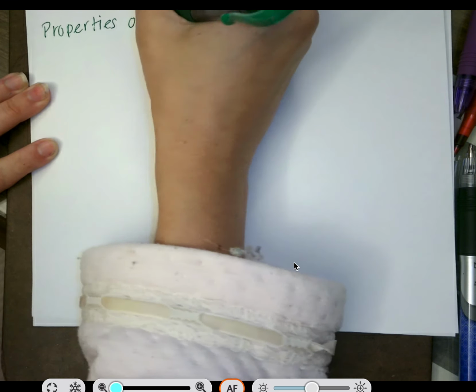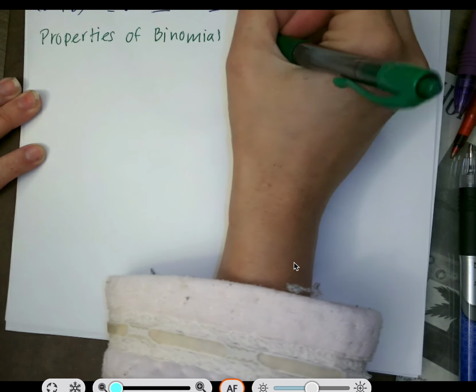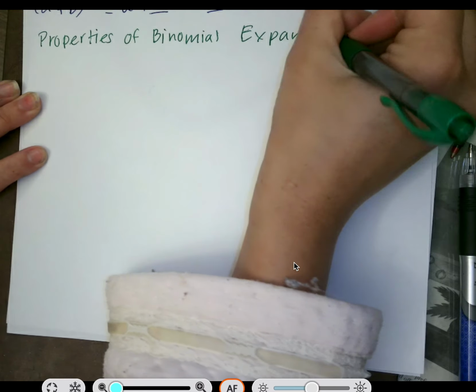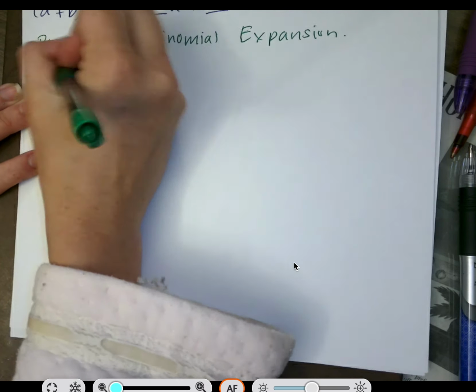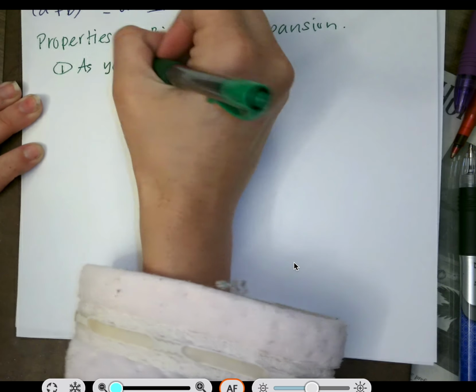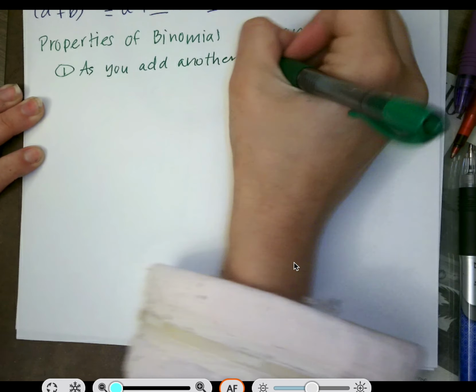All right, so if you notice some facts, or you can call them properties, of the binomial expansion: as you add another term consecutively, right?